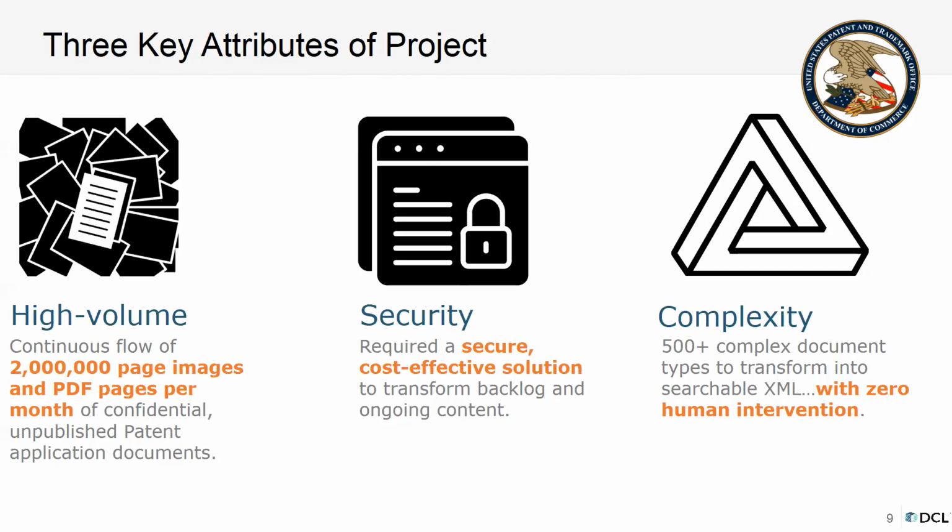So security is one, and complexity. There's about 500 different kinds of document types that come into the patent office, which we are transforming into a searchable XML, and we do this with no human intervention.